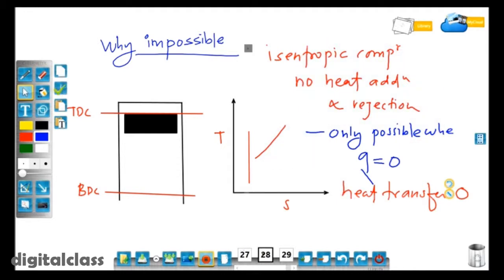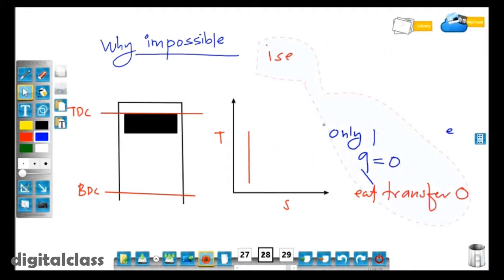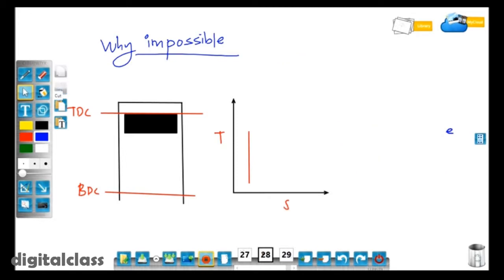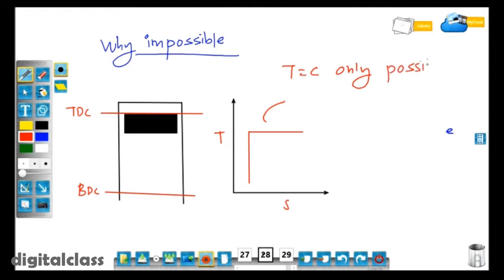Similarly, constant temperature heat addition means that when the piston reaches TDC, there is addition of heat.